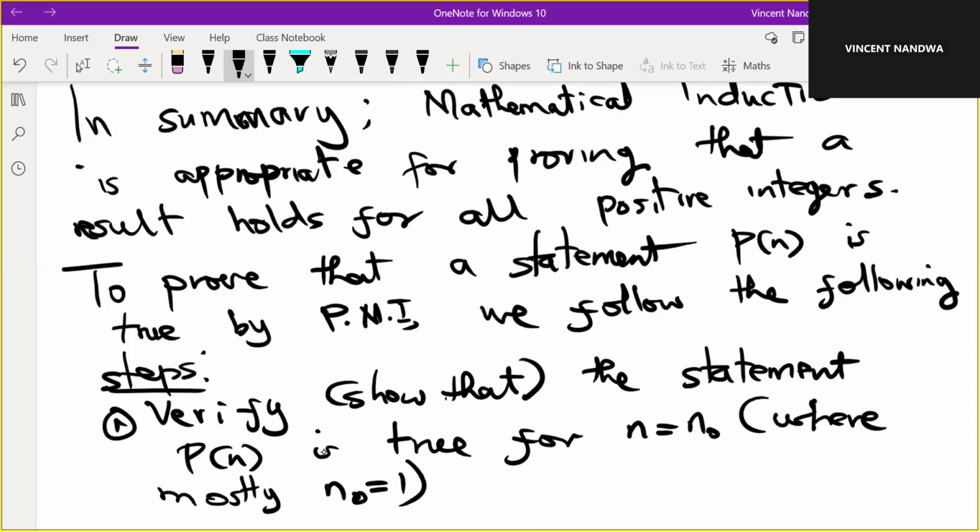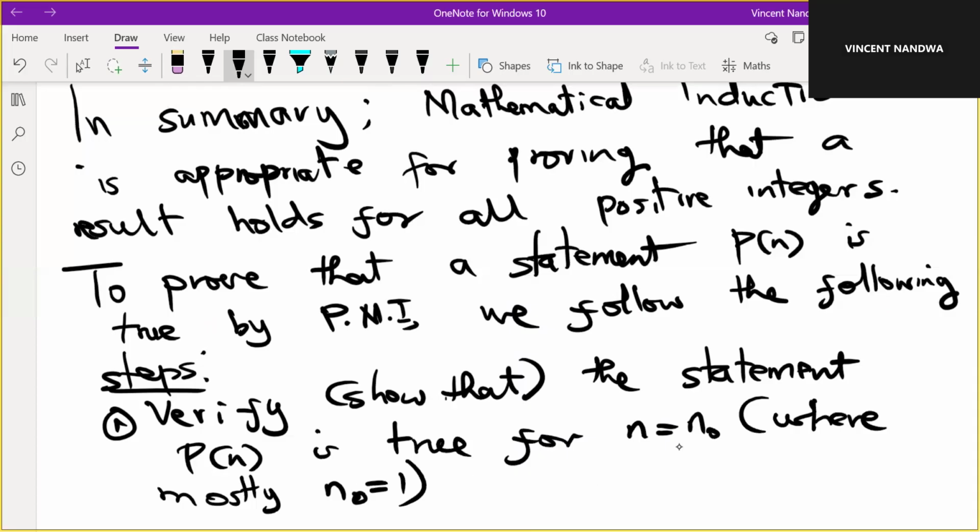I'm saying show that n equals n naught is true, because in some cases you will be given a problem whereby they tell you to show that this result is true for n greater than or equal to, say, 2. So then the first step becomes you start at 2 going upwards. But in most cases, n naught will be taken to be 1.